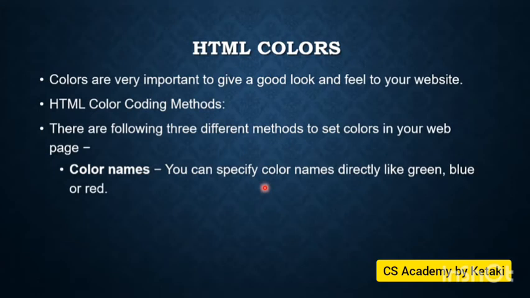All color names are not allowed in HTML, so you have to use different methods, which we will see further. So the first method is setting the color for your web pages by using the color names, and we will see how to directly assign the color values by using examples.